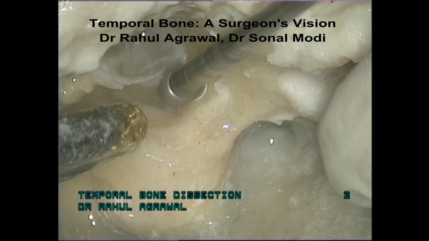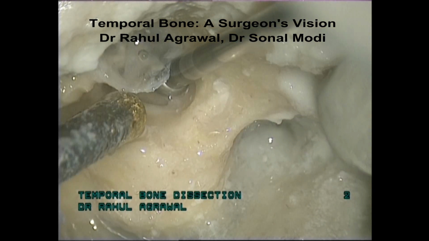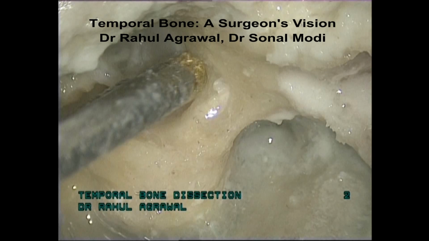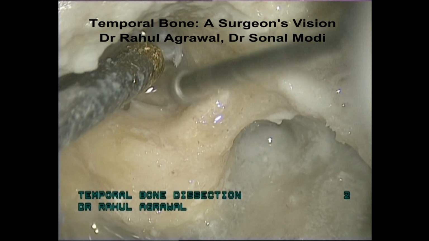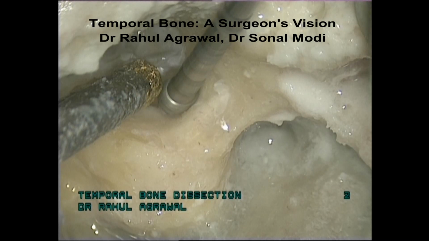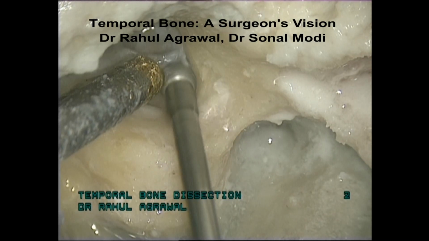Now we are drilling anterior to the facial nerve, that is known as thinning of the facial ridge. This is a very important step to gain access to the sinus tympani, which is a common area for residual cholesteatoma.